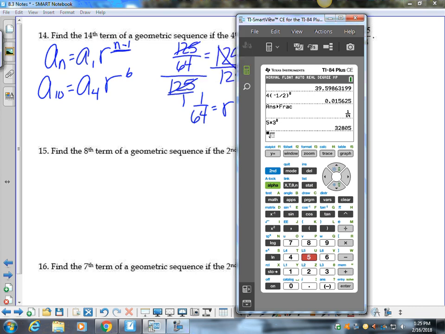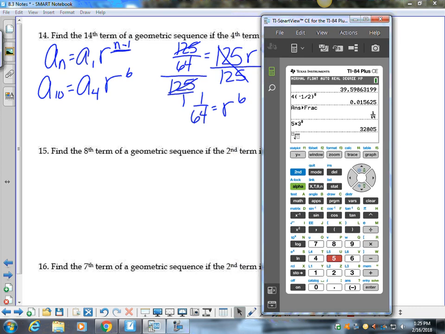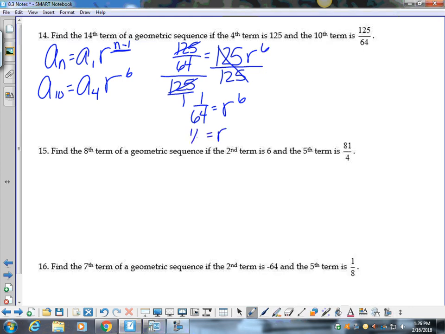So I want to do the 6th root of 1 over 64, and it's going to be a half. And again, stay fractions. Okay, so now I know r.